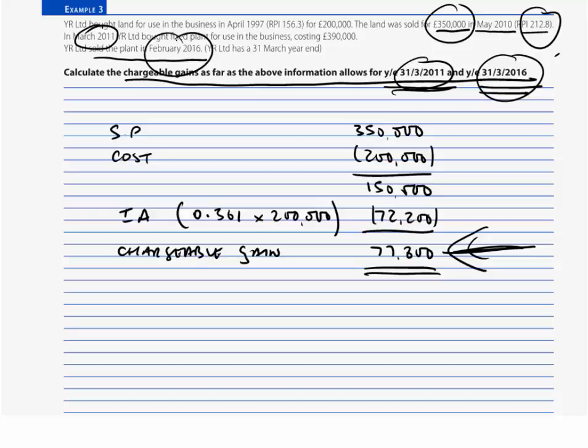Now, when you look at the answer, depending on which version of these notes you're looking at, whether you're doing it now to September, or whether you're picking this up for December 16 or March 17 exams, the answer may say that the disposal date, of course, there, February 16, is less than 10 years from the acquisition date, so it's the one to use.